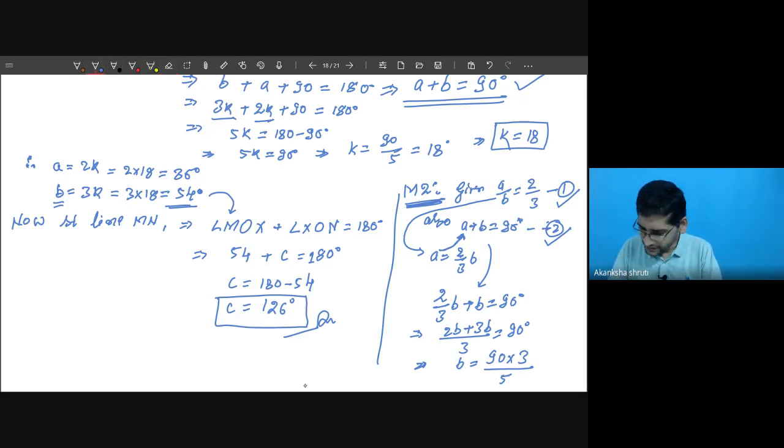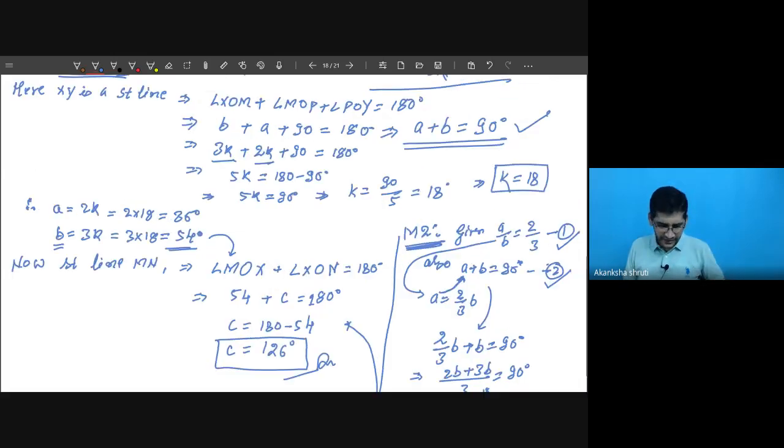You will get the same thing, because 5 nines are 45, 18 threes are 54 degrees. So are we getting the same B? So this is the other way of calculating B. After calculating B, again you have to substitute in this one only. So first directly calculate B, then use this one. Both mean the same thing.